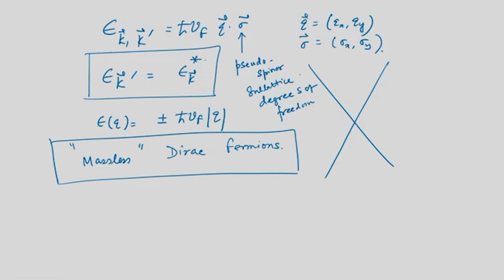So, this really is a very important thing. The Hamiltonian is 2 by 2 not because of the properties of spin half, but because we are talking about two degrees of freedom coming from the sublattices, the two sublattices A and B. That is why it is called a pseudo spinor, it is not a real spinor. But yes, we may have to include real spin, we will take care of that when we come to this.